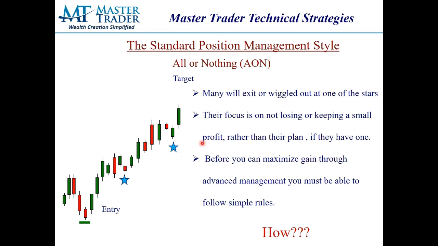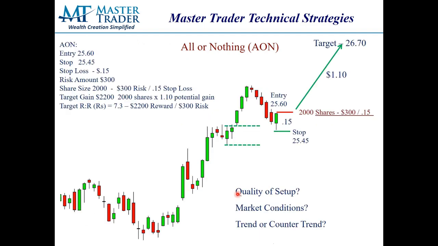But most are going to focus on not losing, keeping a small profit rather than their plan. And that in and of itself is what you have to focus on initially, is just having the discipline to follow your plan. Now, before you can do that and maximize gains through the advanced management that we're going to talk about, you have to be able to follow some simple rules. And of course, how are you going to do that? The first thing you have to do is be able to do all or nothing.